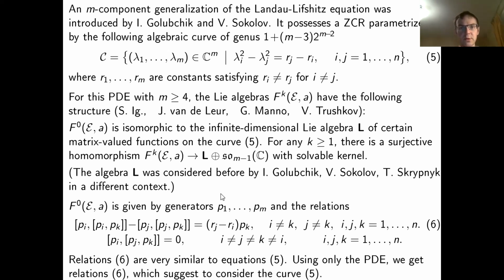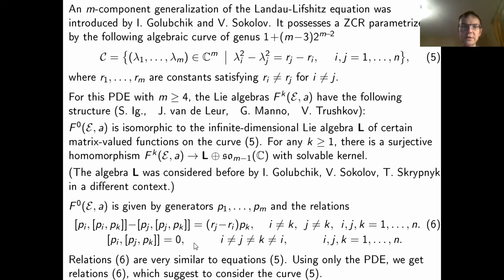And so, as I said, the algebras F^K EA are defined in terms of generators and relations. And here I write down generators and relations for F^0 of this PDE. The relations are quite beautiful in my opinion.